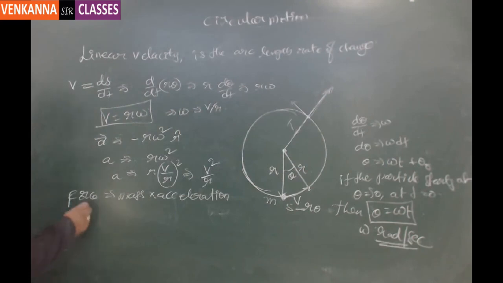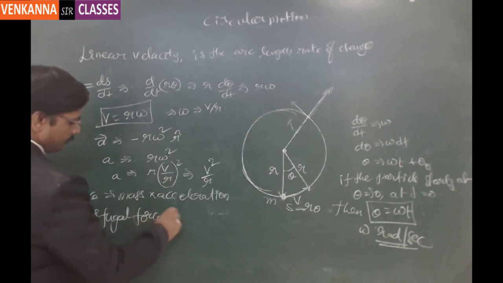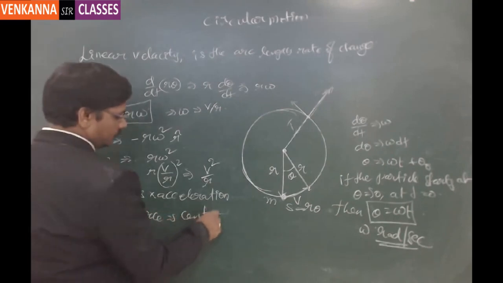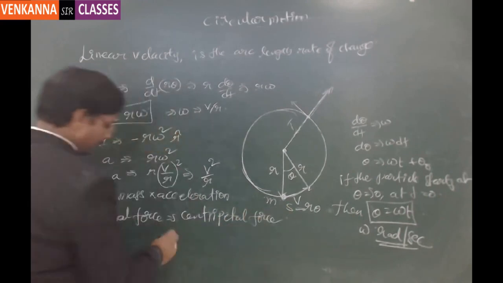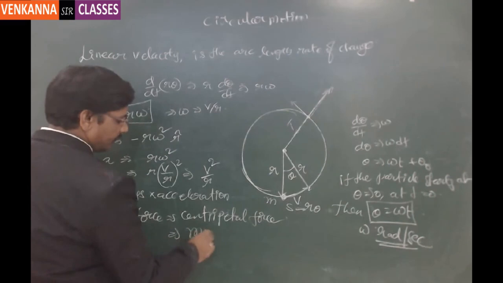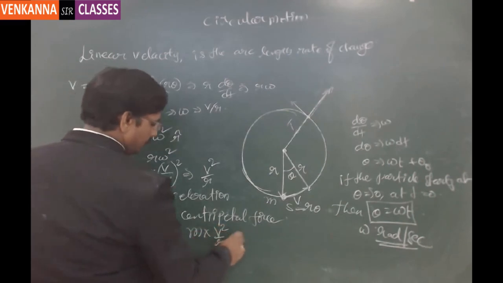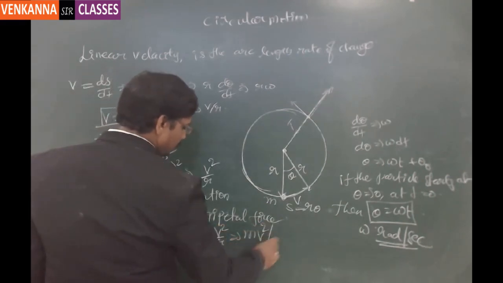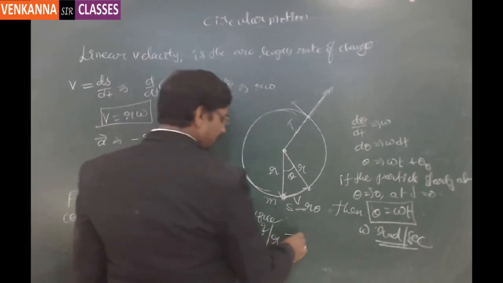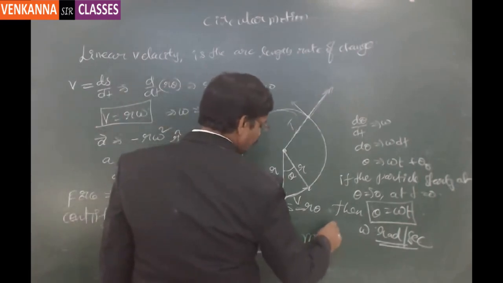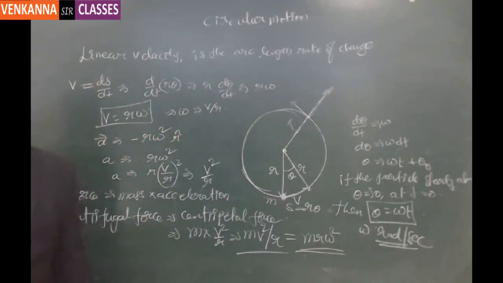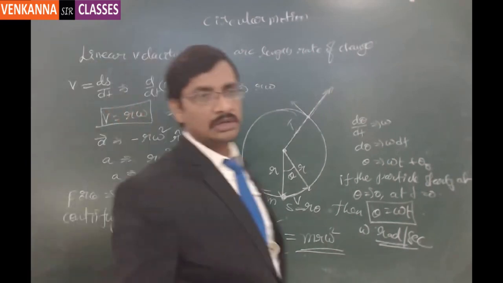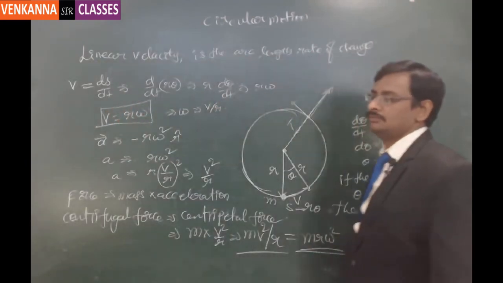So centrifugal force equal to centripetal force by magnitude is equal to mass multiplied by v square by r. So m v square by r is the force, and the same thing is equal to m r omega square. Both are the same. So this is the centripetal force and the same magnitude as the centrifugal force. Got it? Understood?